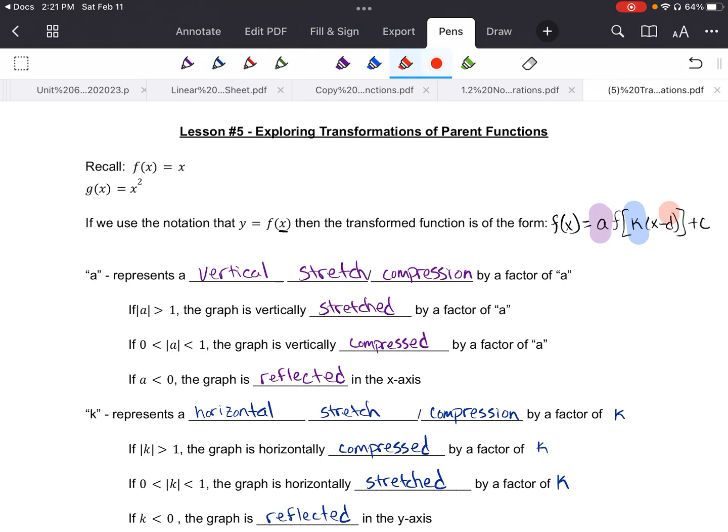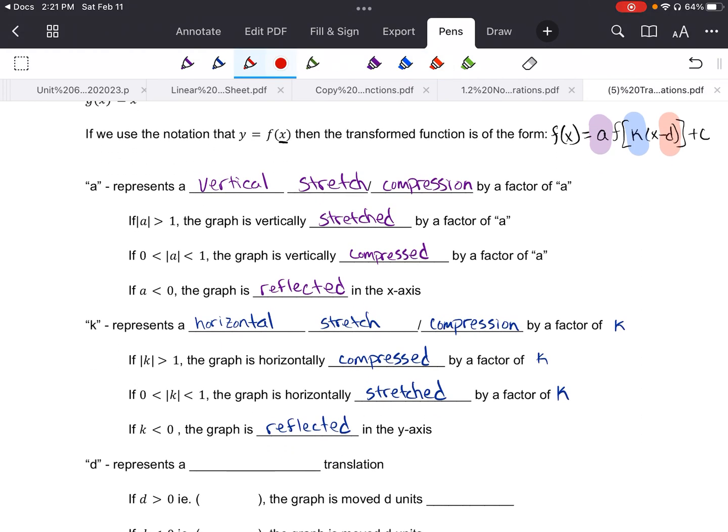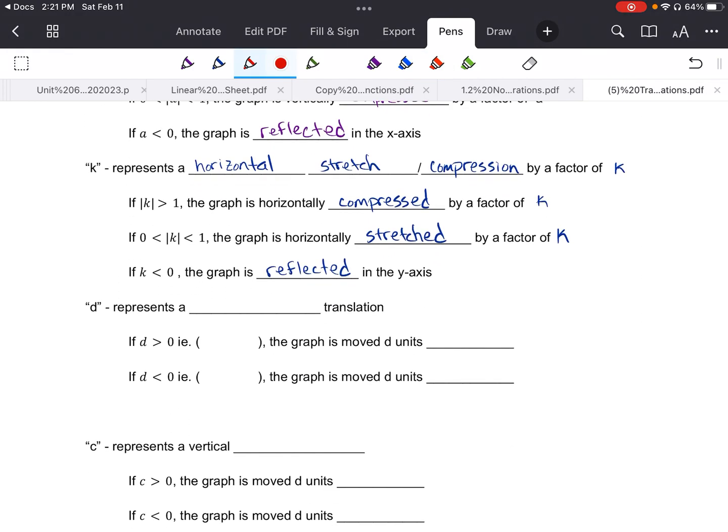Okay, our third transformation is d, and that represents a horizontal translation. If d is greater than 0, so that means you see x minus d, because remember in quadratics we worked with whatever was in the bracket, you do the opposite.